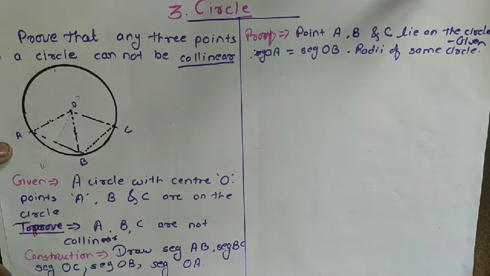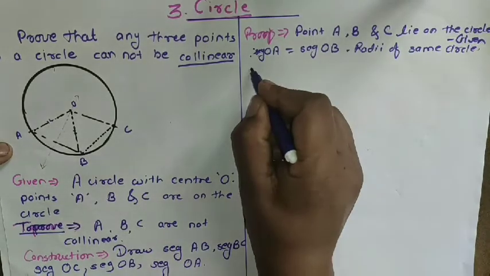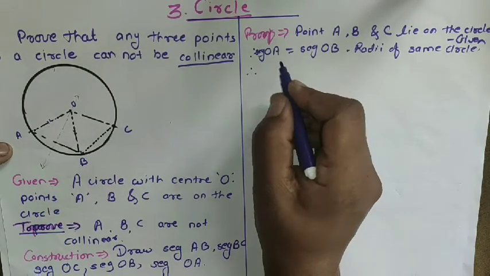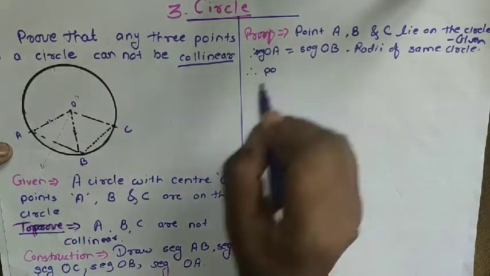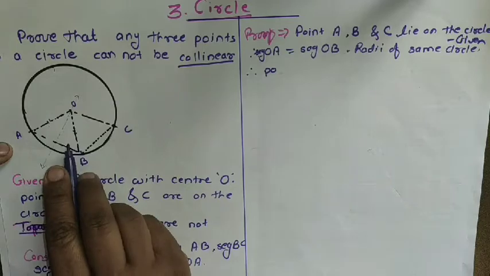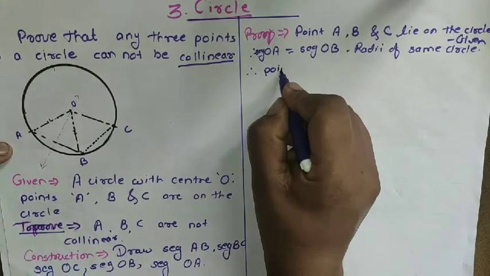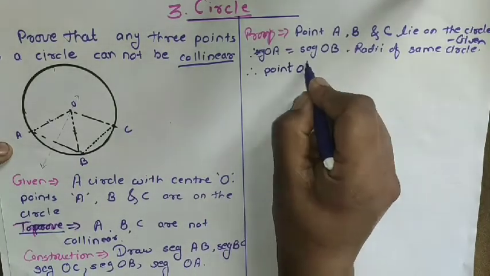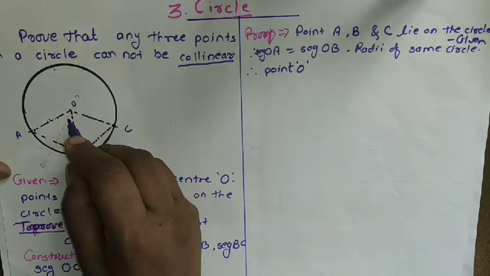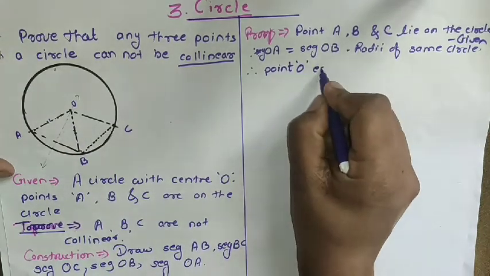And according to that theorem, we have to write: therefore point O is equidistant from the end points of seg AB, because OA is equal to OB, radii of the same circle.